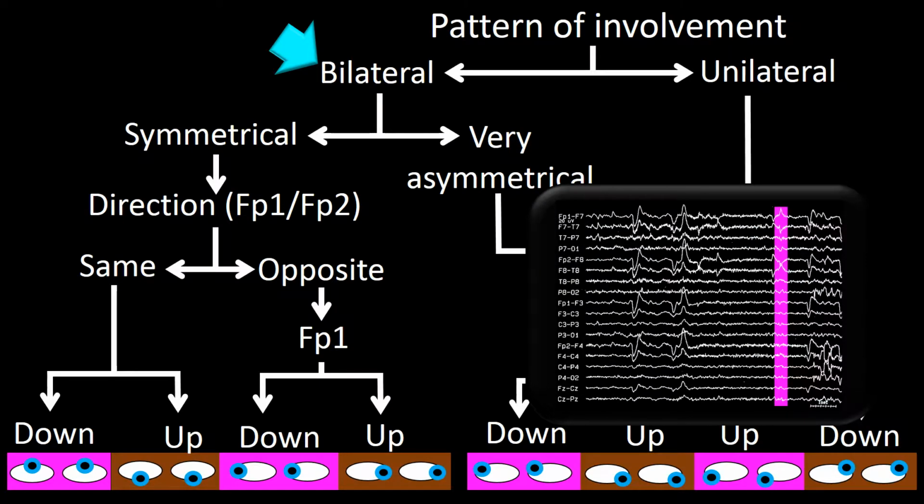Again, we start with the eye movements being bilateral, symmetrical, in opposite direction. Now looking at FP1, we can see that the deflection is up, which indicates that the person is looking to the left.